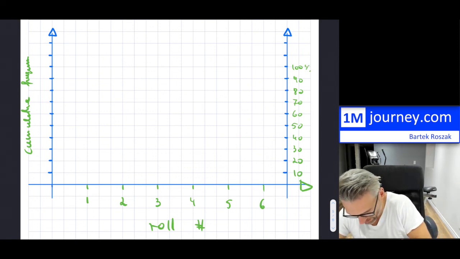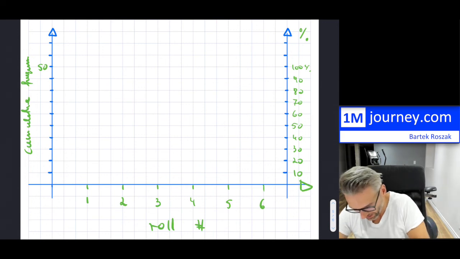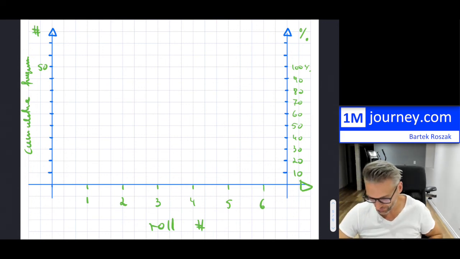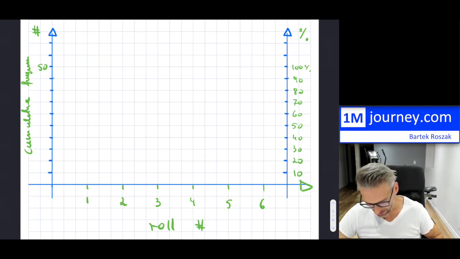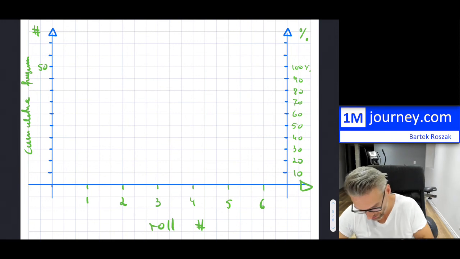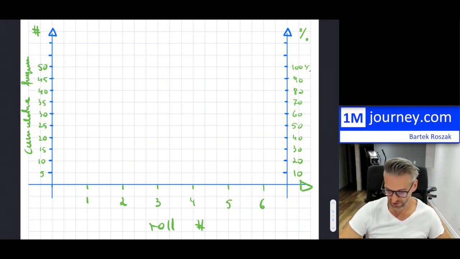So that means that this has to be 50. So this is in percent. This is the total number, right? So those are the numbers that I have. So cumulative frequency there. And I guess 10% would be 5. This is 10, 15, 20, 25, 30, 35, 40 and 45. So I did it by 5s.